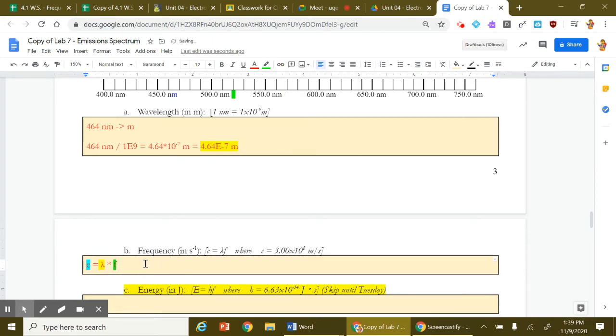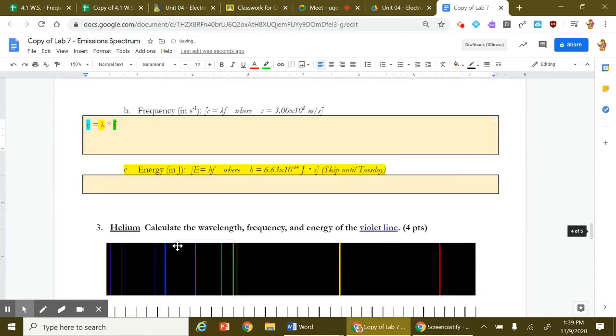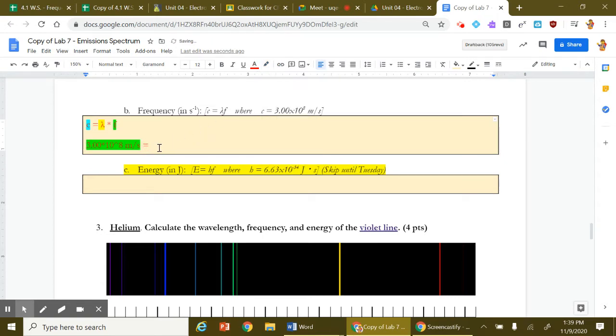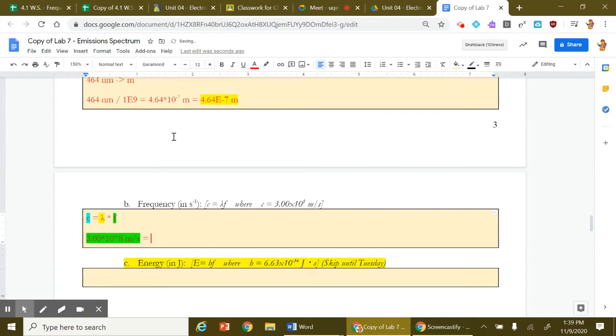So here we go. The speed of light equals 3.00 times 10 raised to the 8th meters per second, and that is going to be equal to the wavelength, which is 4.64 times 10 raised to the negative 7th meters.